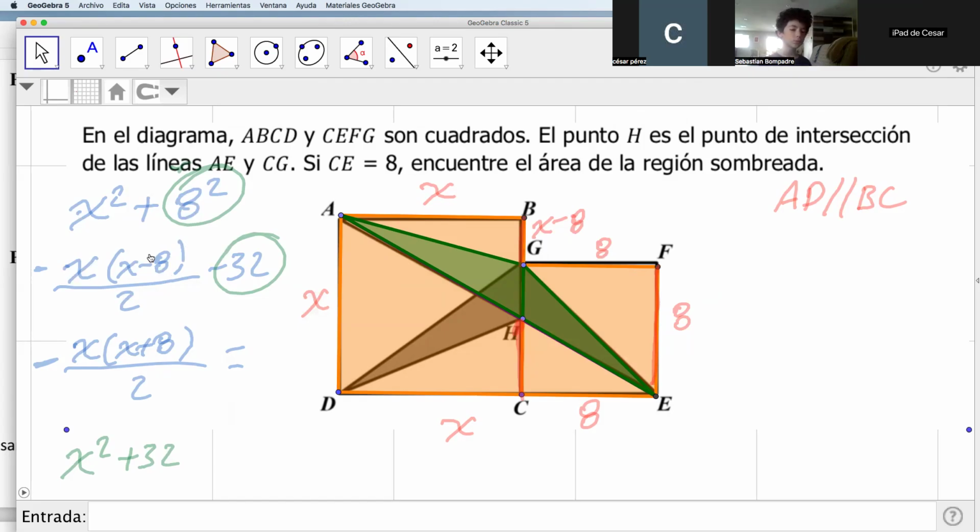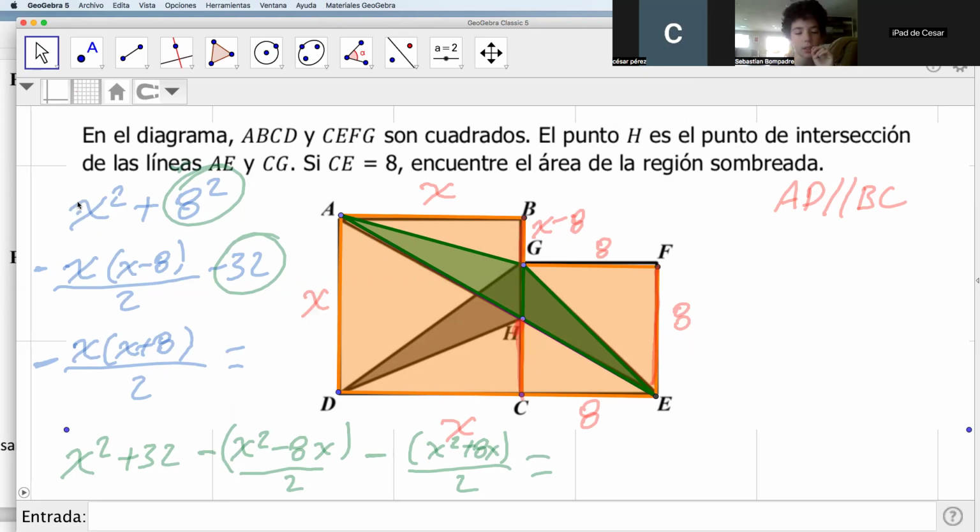Now this one will be minus x squared minus 8x divided by 2, minus x squared plus 8x divided by 2. I think that. X squared plus 32.